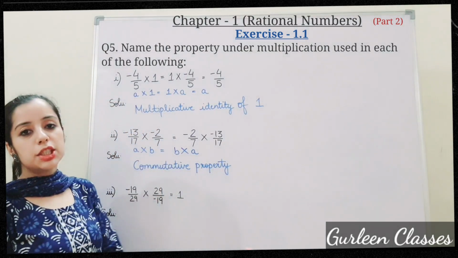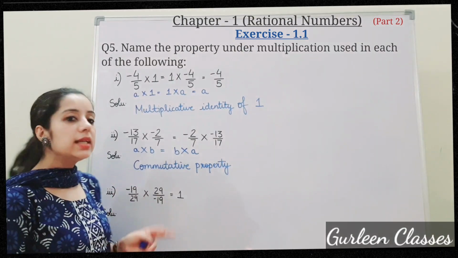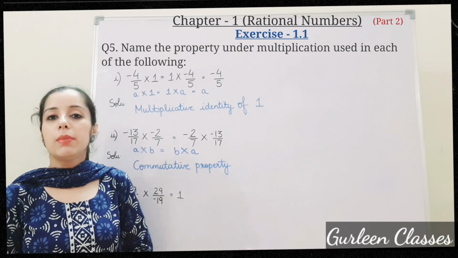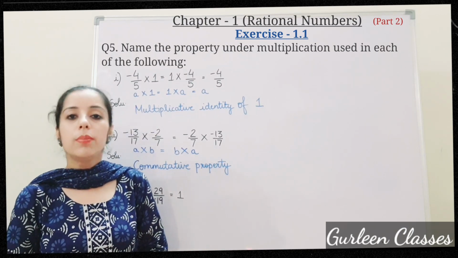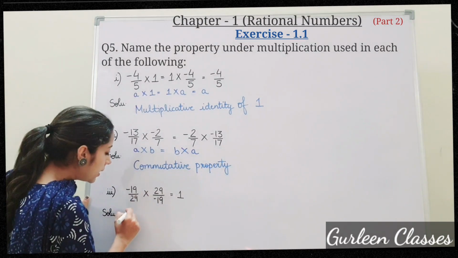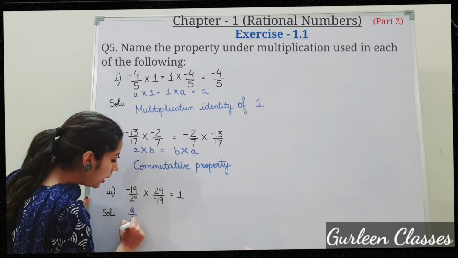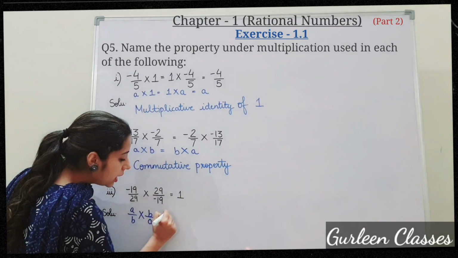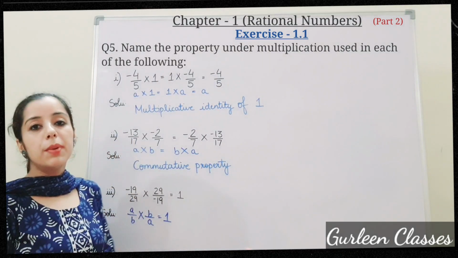of multiplication. Third part, minus 19 upon 29 into 29 upon minus 19, that is equal to 1. So here let us take A upon B into B upon A is equal to 1. So which property is this?